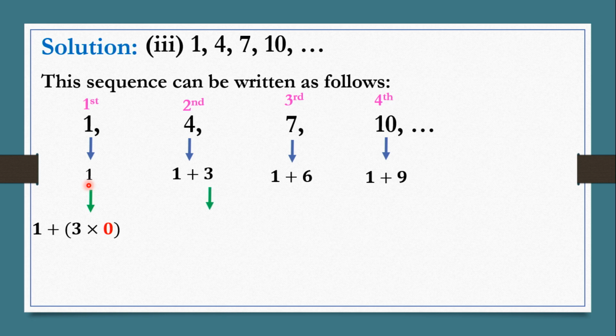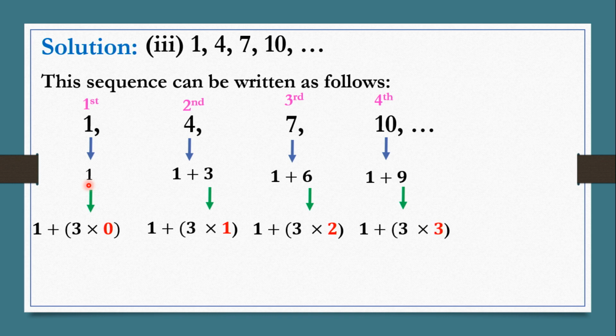The next one, the 3, I'm going to write it as 3 times 1. Third term, the 6, I'm going to write it as 3 times 2. And the last one, 9, I write it as 3 times 3. Why am I trying to write it in terms of 3? Because I mentioned earlier that we are adding 3 to get the next term.